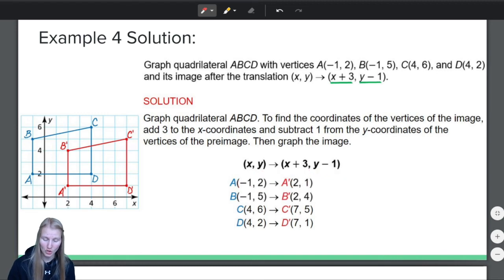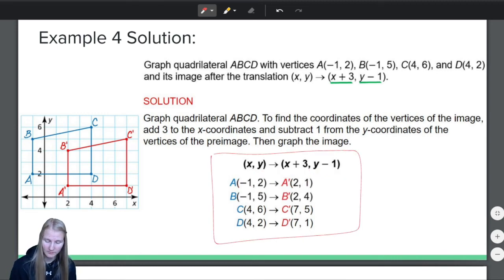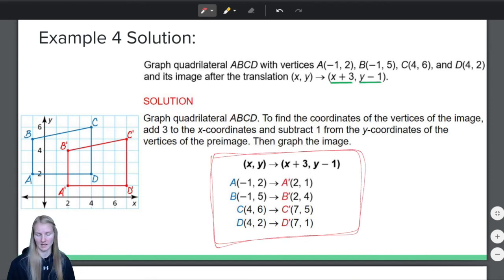Now, I didn't show you how to do it this way because I don't mind which way you do it. I don't mind if you count the boxes. I don't mind if you show your work like this. Calculating the coordinates is a great way to check your work and make sure that you're correct, but I'm not going to require it. I want you to do the way that makes the most sense for you.